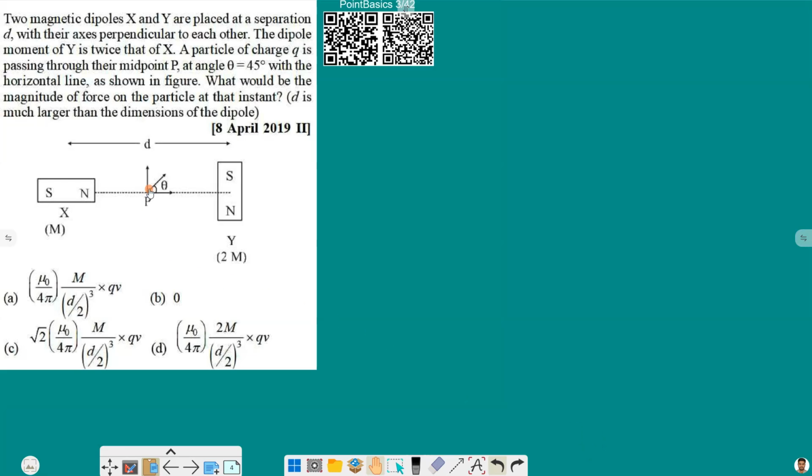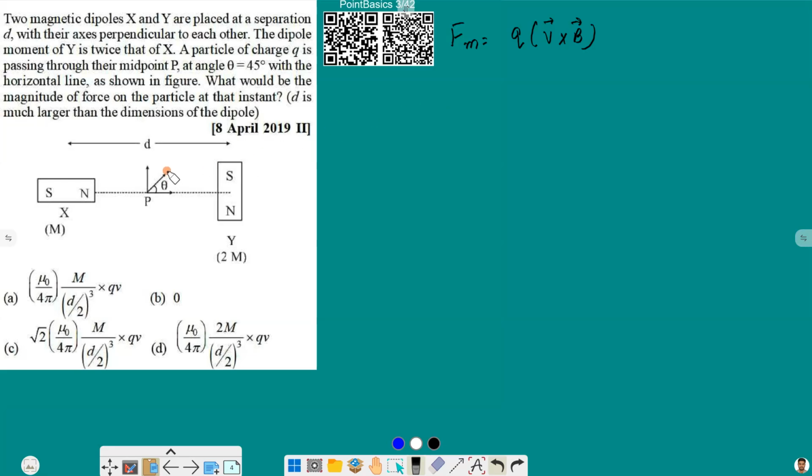Now, as it is a charged particle, we know that the force on a charged particle is given by Q V cross B. This is the force acting on a charged particle when it has some velocity and passes through a magnetic field.